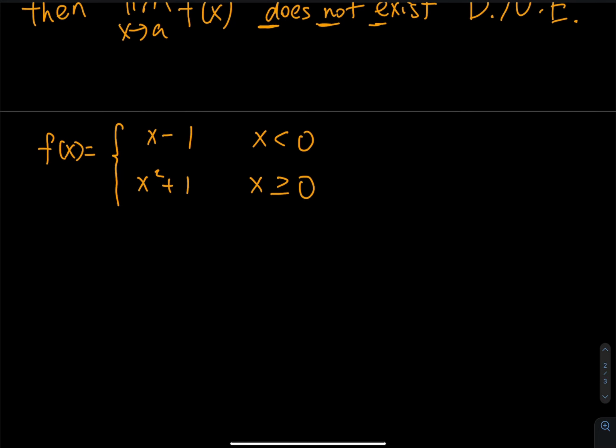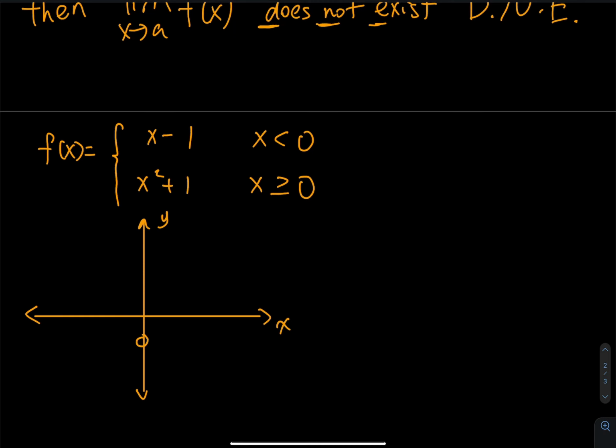Let's draw a graph. This is my x-axis, and then we have the y-axis, and then x less than 0. So that is a line going downhill, right? I mean a line going uphill, x minus 1. So we have a y-intercept at (0, -1). So that is like right over here.